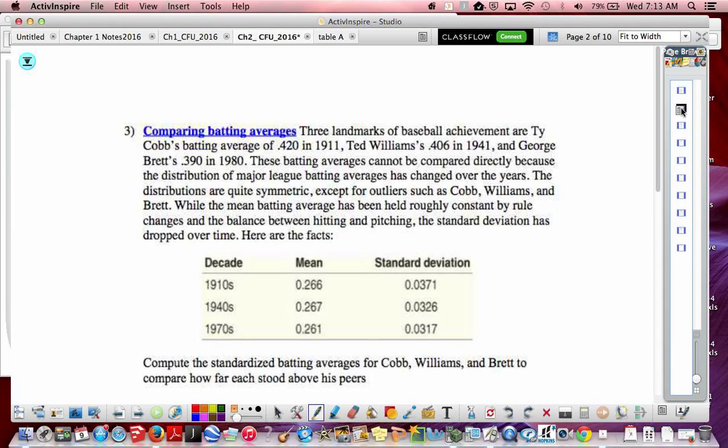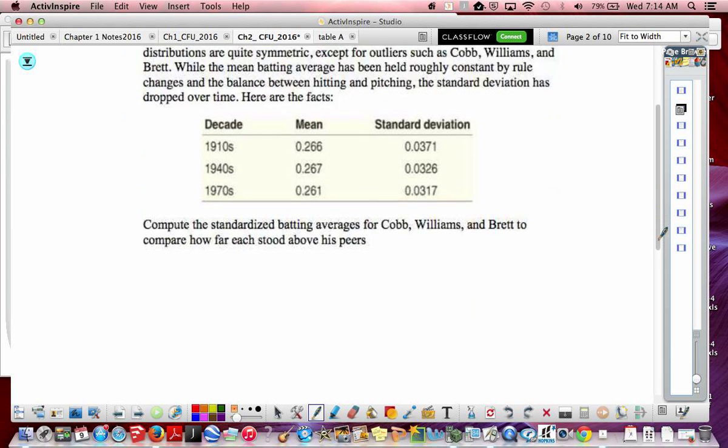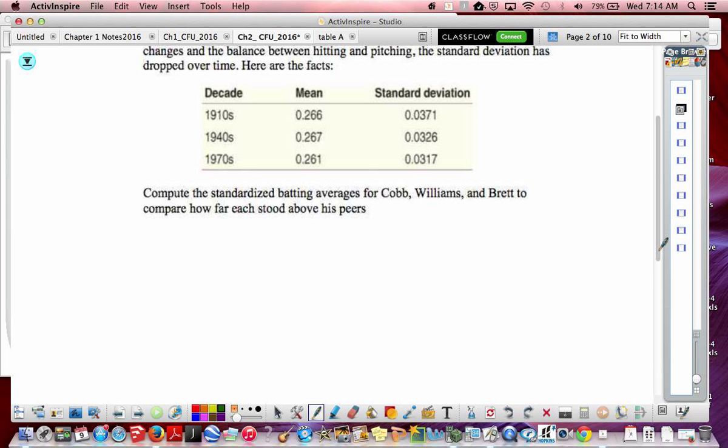So it says, compute standardized batting averages for Cobb, Williams, and Brett to compare how far each stood above its peers. When it says standardize, that means z-score. This is a formula you need to know, love, make your best friend.